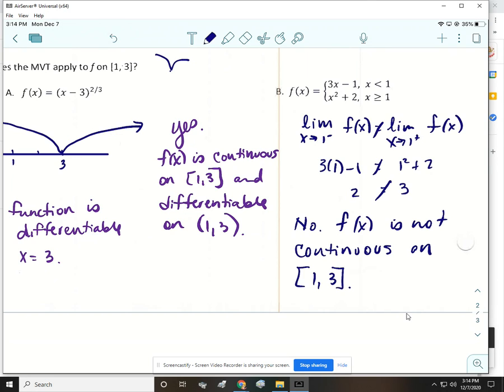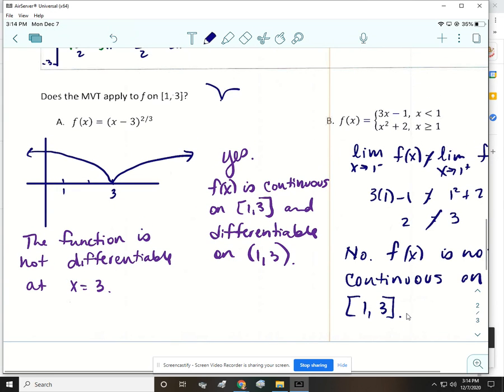For example, if we were talking about this one we drew up here, it might say something like, as x approaches 3 from the left, the derivative approaches negative infinity, because the derivative is getting steeper and steeper and steeper in the negative direction. Right, and then same thing from the right.